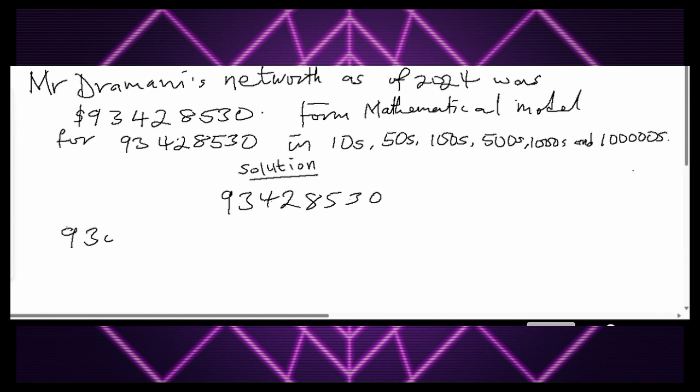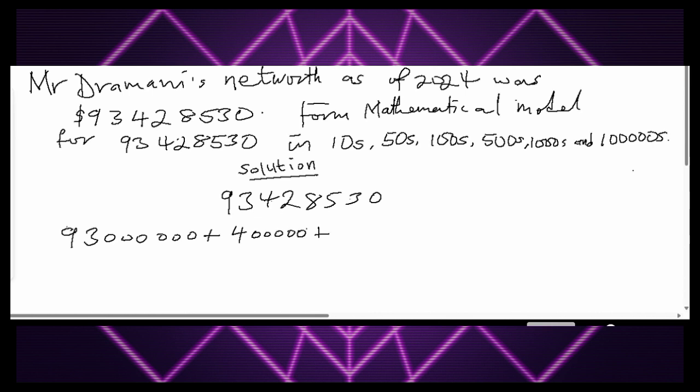Now, after the 3, the next figure is 4. So we're going to write out 4. After the 4, the rest of the digits we're going to write as zeros. Let's count: 1, 2, 3, 4, 5. So we're going to have 5 zeros.